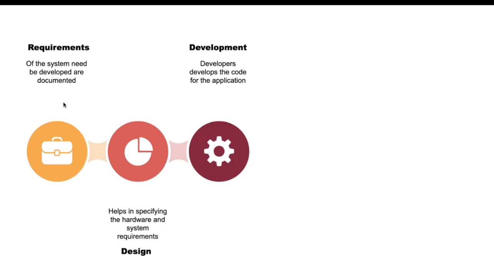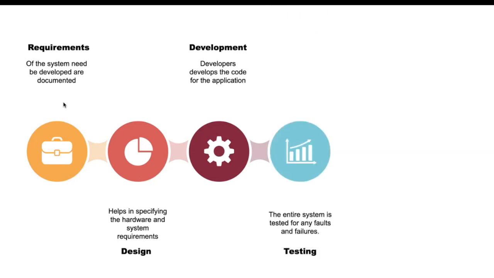In the next stage, they develop the application. The front end developer will do the front end coding and the back end developer will do the back end database administration and some SQL scripts. All of that development happens in the development stage.